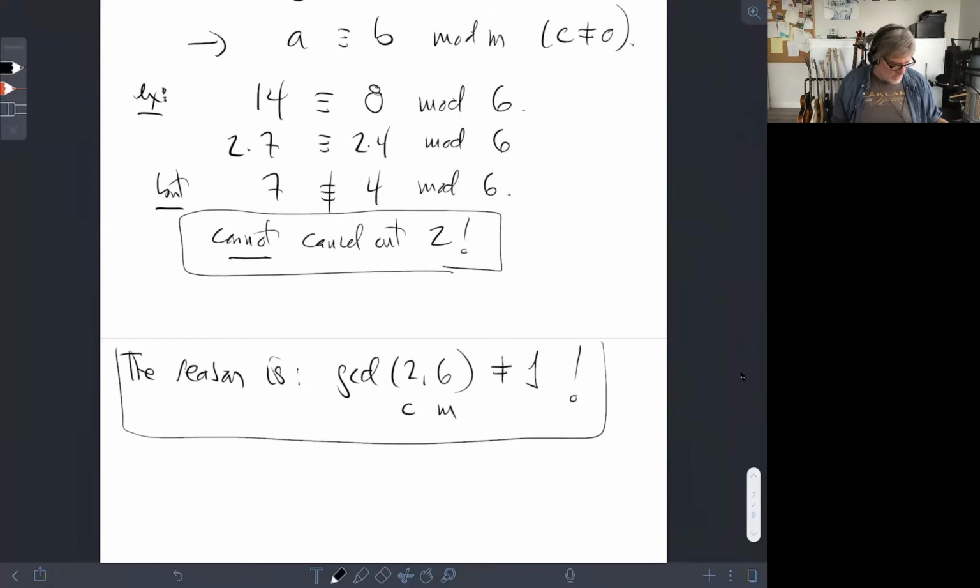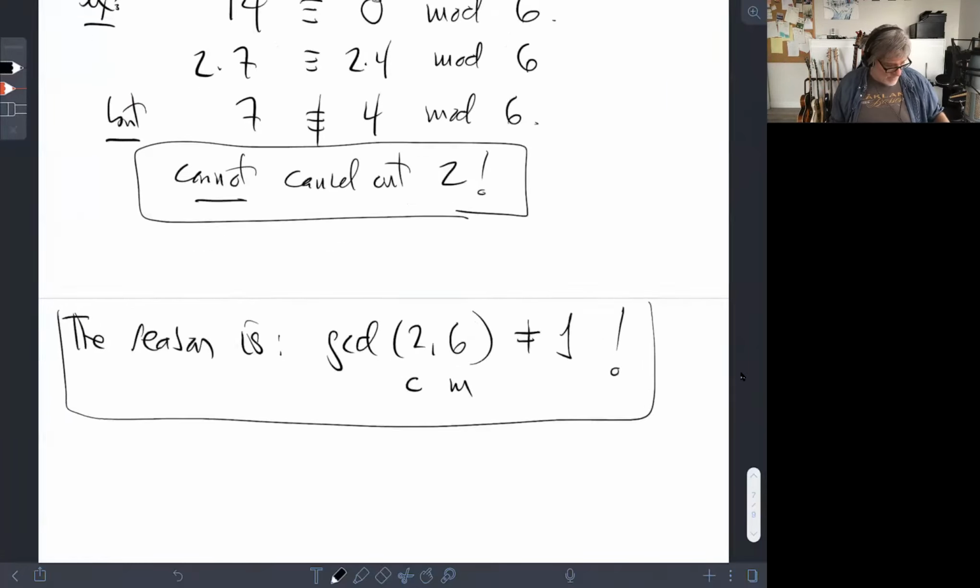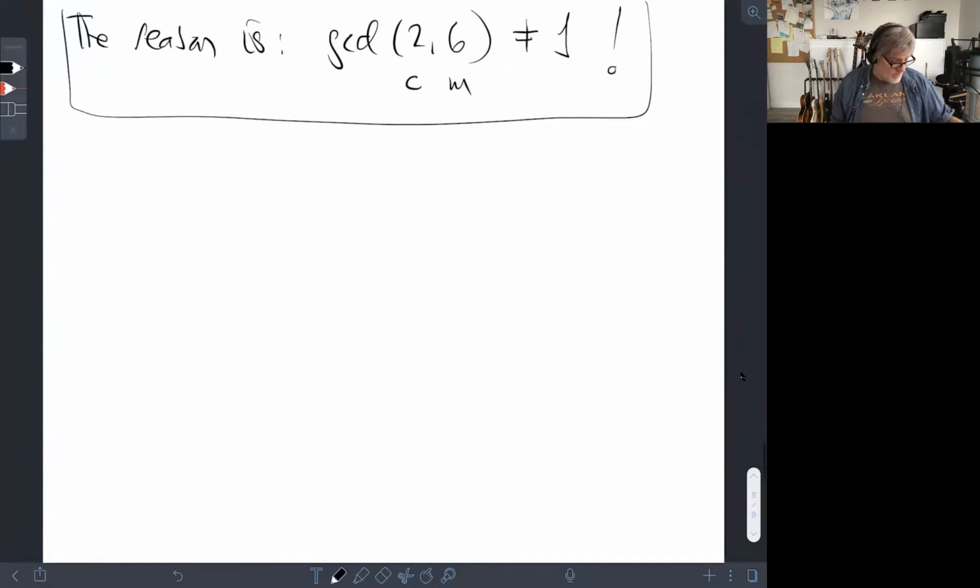That's the key point, and I want to show you. This is again Bézout, but otherwise we're fine. And this is going to be extremely important in what follows in 4.4, which is extremely important for RSA cryptography. Otherwise we are okay.